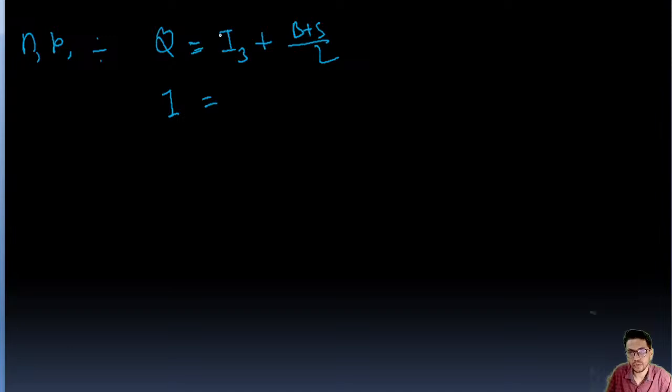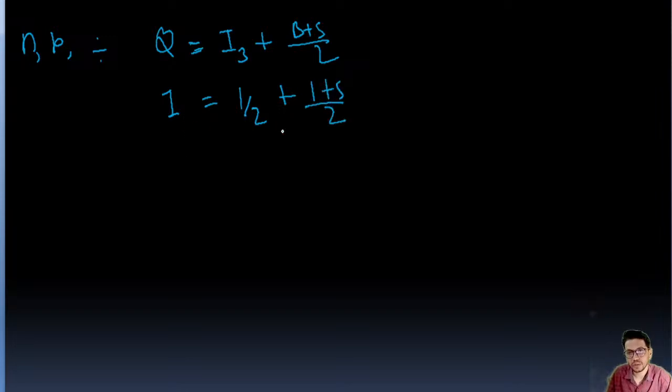Similarly, for neutron and proton, we have a formula, right? Q equals I3 plus B plus S by 2. Write this formula again and again, because then you will learn it quickly. So first we find for the proton. The charge is 1, I3 is 1 by 2, and it's a baryon, so B is 1, plus S by 2.